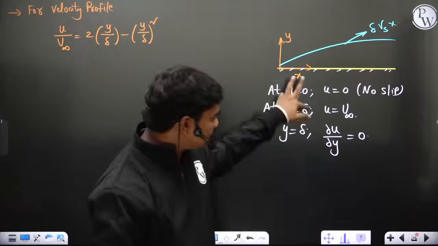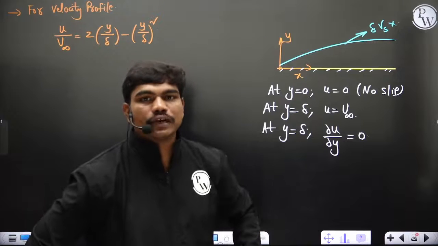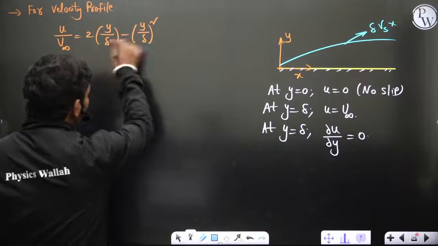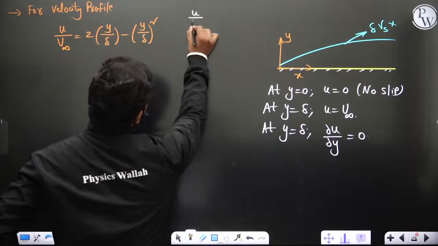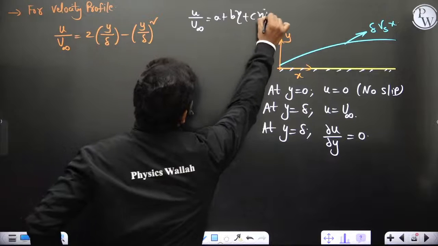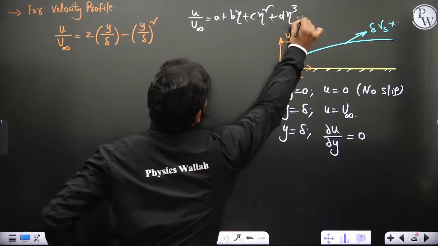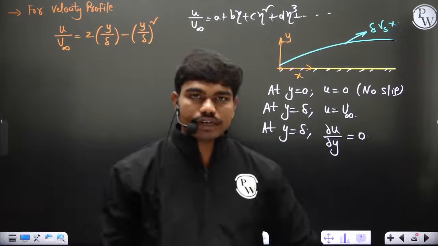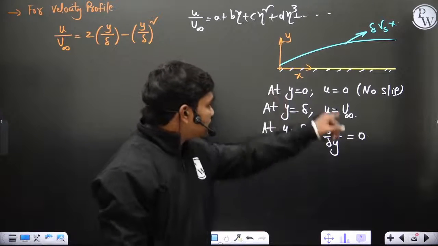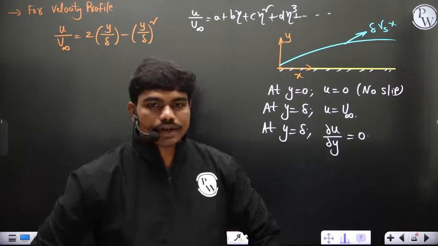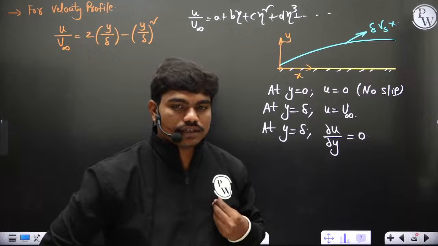Now using three boundary conditions, how many constants can you evaluate? Let us suppose I express u by u infinity as a polynomial: a plus b eta plus c eta square plus d eta cube and so on. Polynomials are generally good approximations of solutions. These are the three physical boundary conditions, and there is no unsteadiness, so no need of any initial condition.